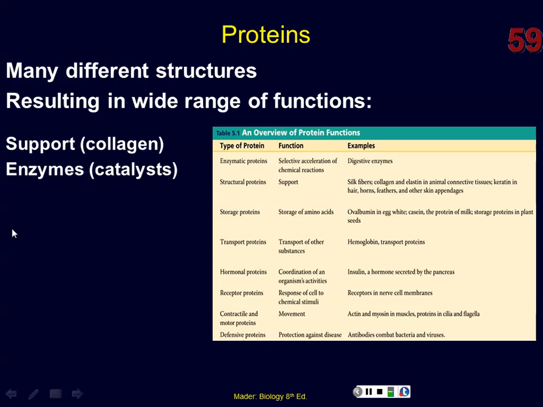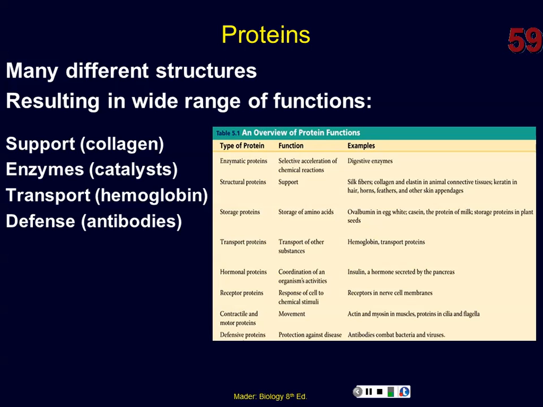The enzymes that control your metabolism, those are proteins. We have a whole lot of chapters that deal with reactions and enzymes. They're catalysts. The hemoglobin that's found in your red blood cell that binds to the oxygen and carries it through your bloodstream, that molecule is a protein molecule.